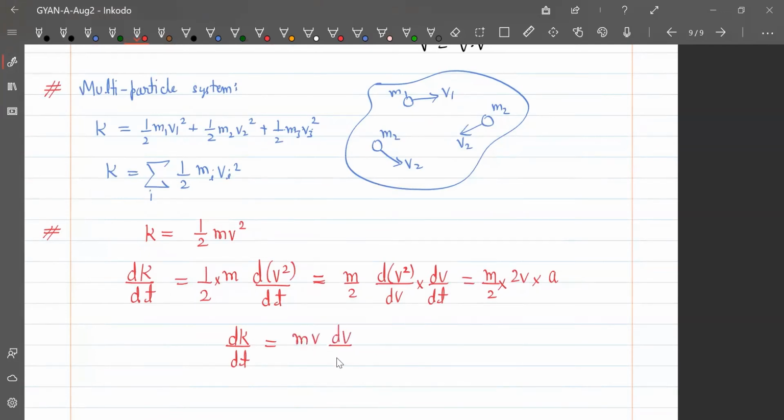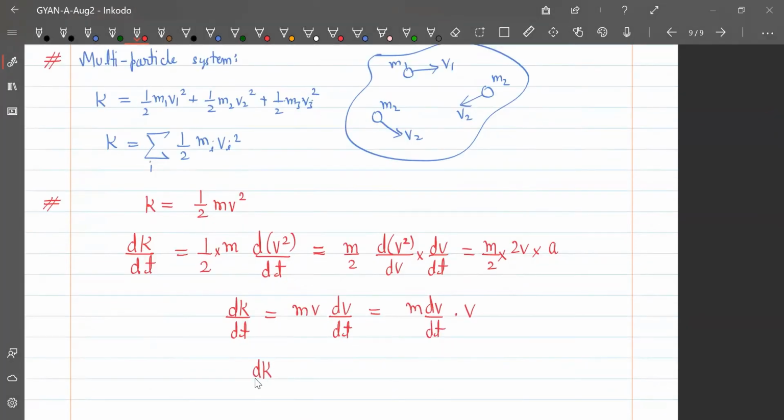सो यहाँ से आ जाएगा dK by dt is equal to m v into dv by dt, है ना। एक्सेलरेशन को dv by dt लिख सकते हैं, and so m into dv by dt, इसको ऐसे लिख सकते हैं m into dv by dt into v, and m into dv by dt is your force and v is your velocity or speed.